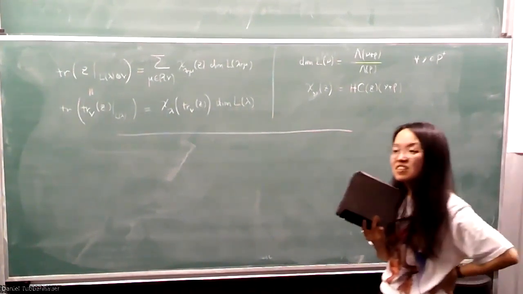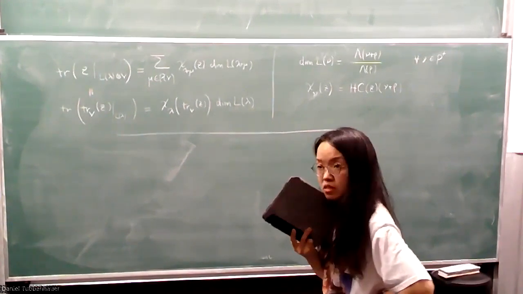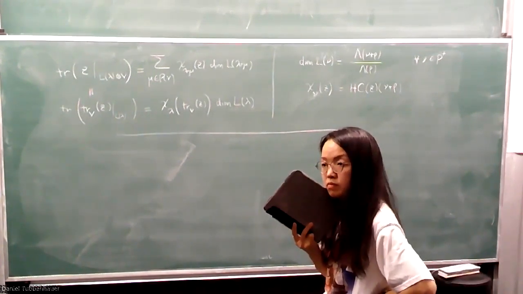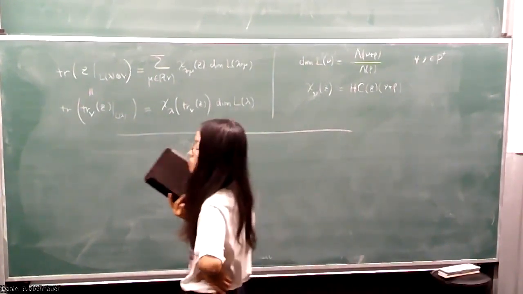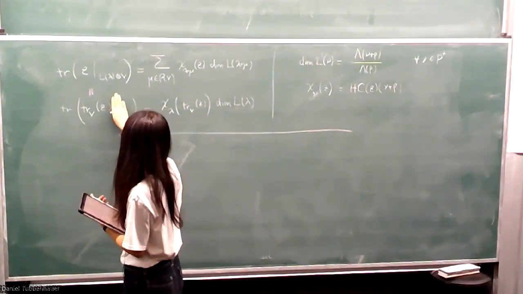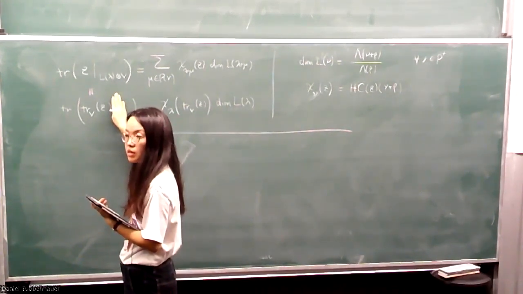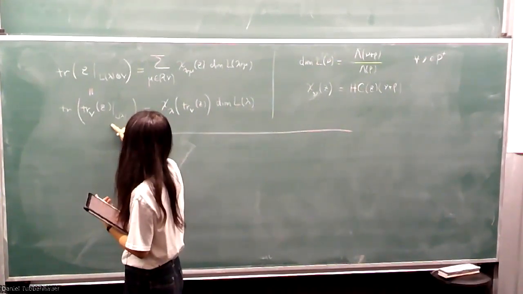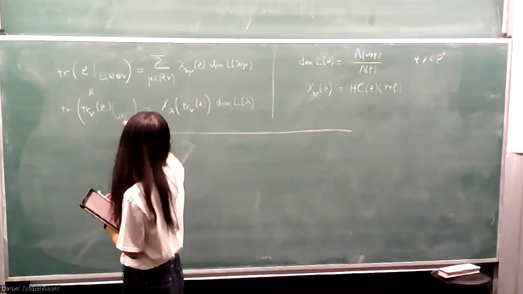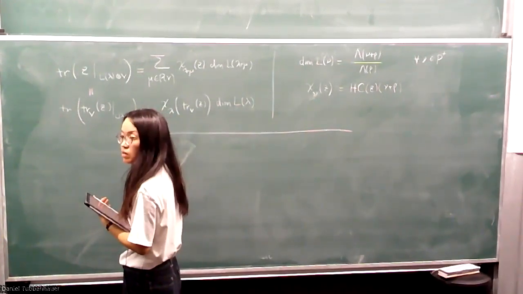In that second line, we use the transitivity of the traces, and then the final lambda. Is that trace V of Z, does that depend on lambda? That's an endomorphism of lambda. This is an endomorphism of lambda, yes. And then in the second line, we move across the equality the first term, chi lambda, and then trace V of Z. Does that trace V of Z depend on lambda?